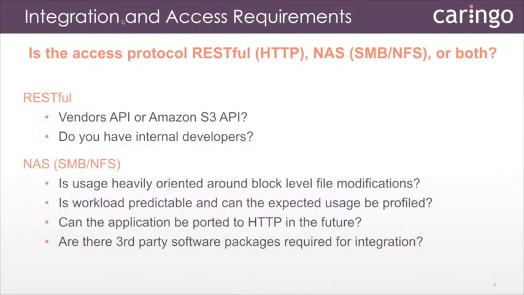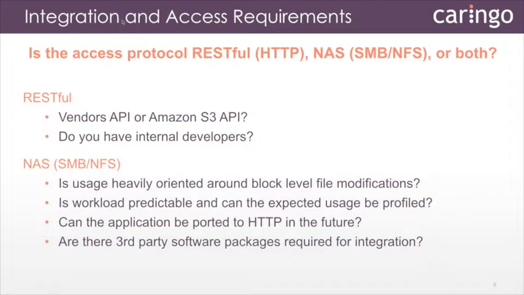From the storage protocol or NAS perspective, you really need to ask a lot of questions about how data is being accessed. Is usage heavily oriented around block level file modifications? If so, maybe object storage isn't the way to go. Maybe a filer is still the way to go. Is the workload predictable, and can that expected usage be profiled?